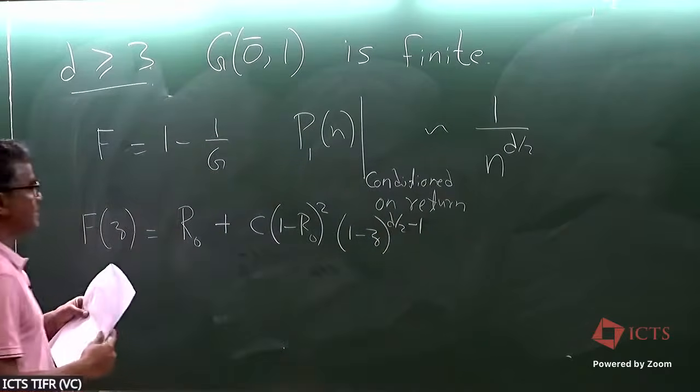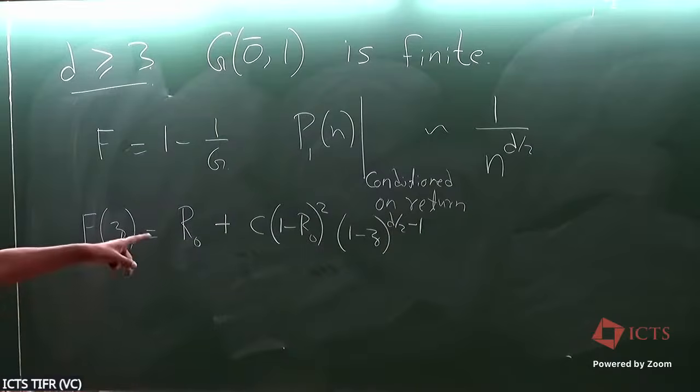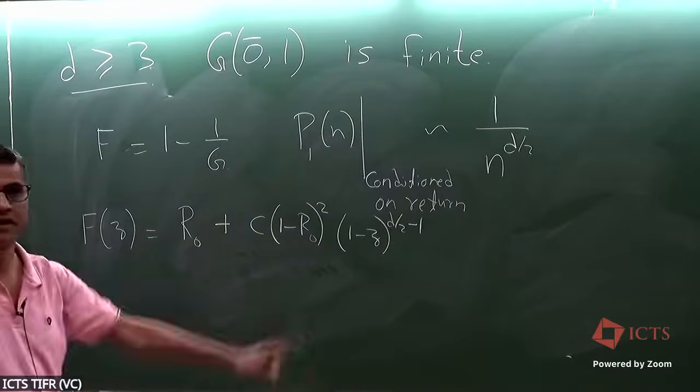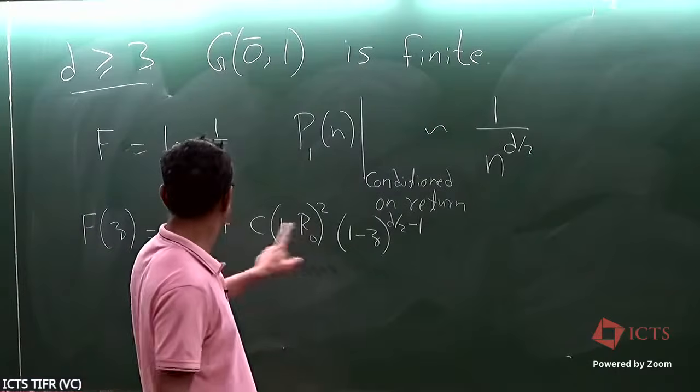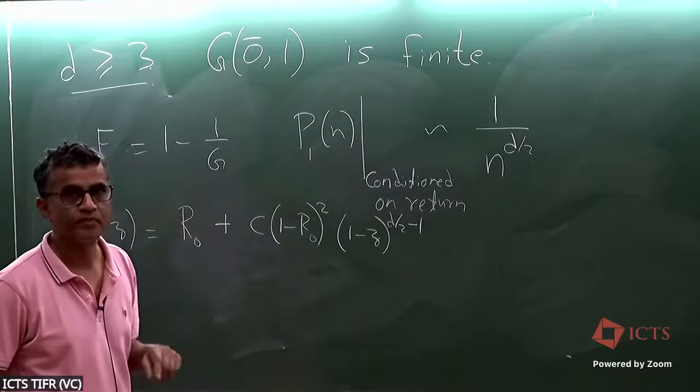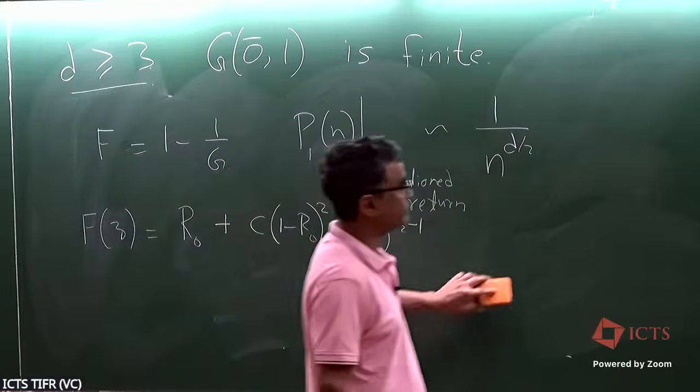I won't work it out, but doing similar kinds of calculations, you can show that for z close to 1, it has this kind of a form.